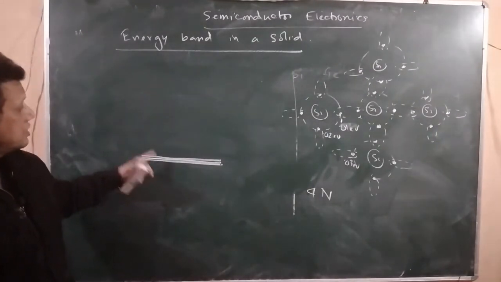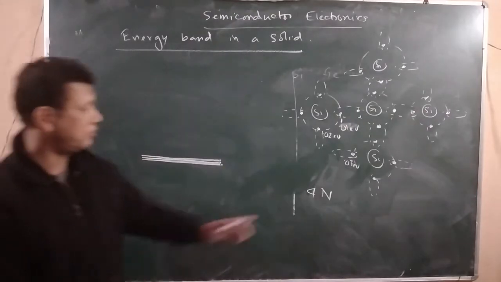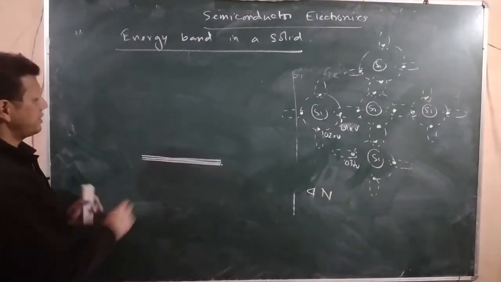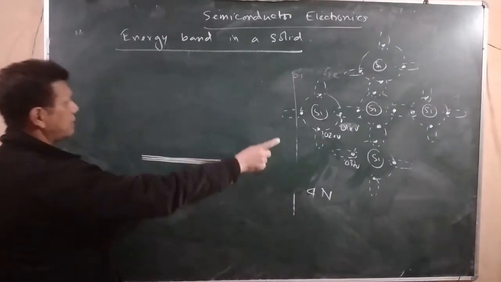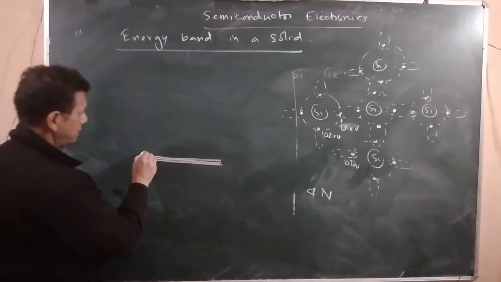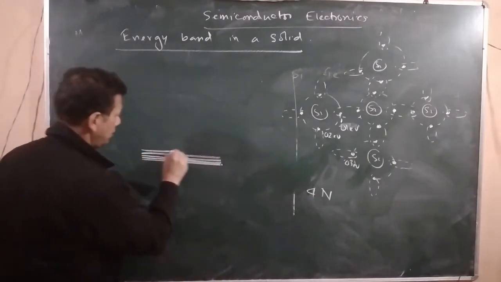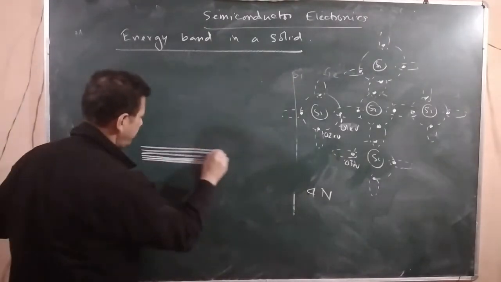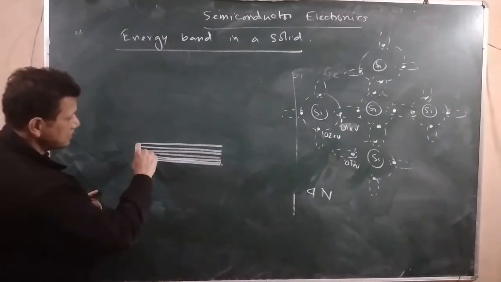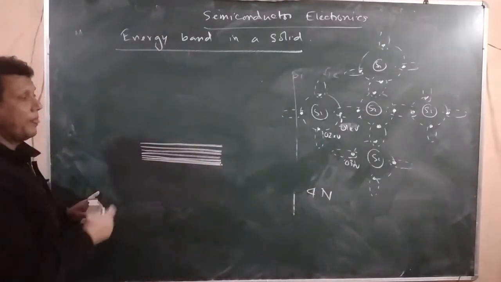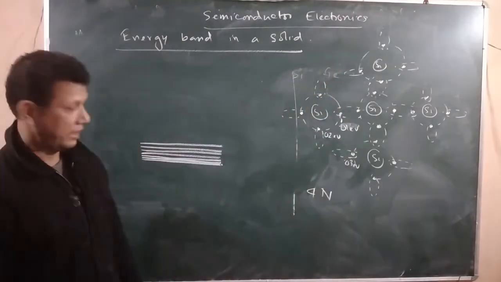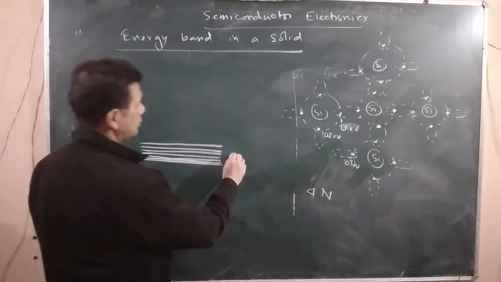How many energy levels can you find here? 4N number of energy levels, and all these 4N energy levels will be different, so they will form a band. What is a band? It is the collection of different energy levels corresponding to the valence electrons of this crystal, and this is known as the valence band.